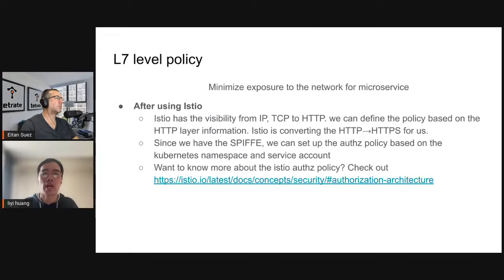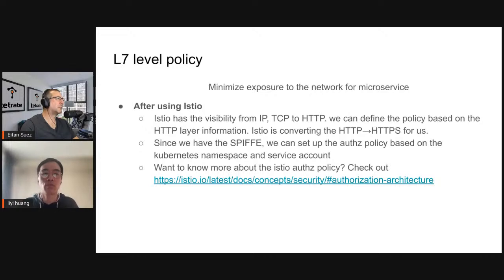Because you're making the HTTP call to Istio, Istio is the perfect place for you to manage your layer 7 policy, because it's plain text for Istio. In the previous world, you probably could do some SSL decryption here and there to decrypt the traffic, even though it's encrypted.